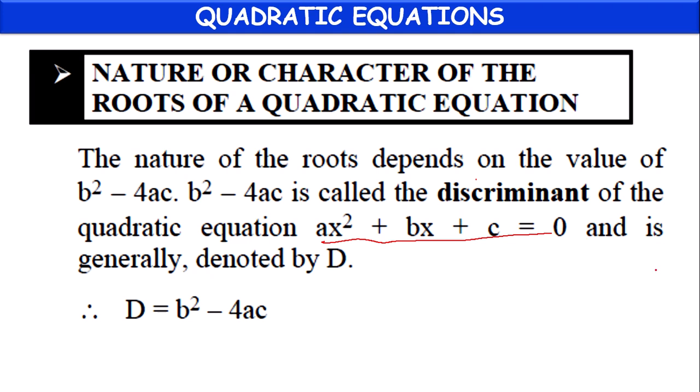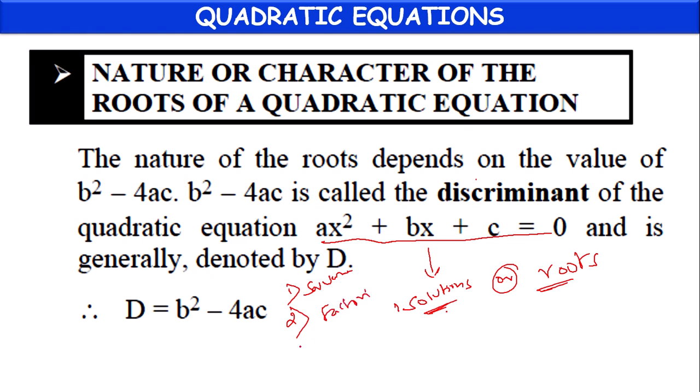A quadratic equation will have some solutions or roots that we can find by different methods: by completing the square method, or by factorization, or by the Hindu method, or the Sridharacharya method. Like that, we have different methods to find the solutions or roots of a given quadratic equation.